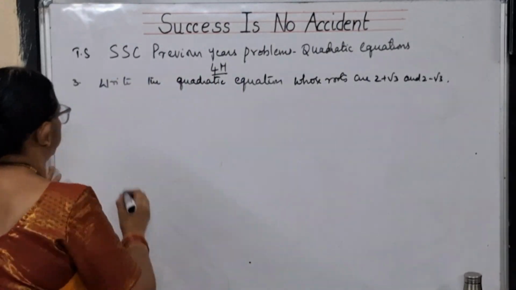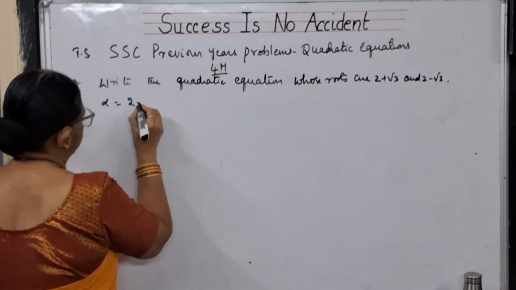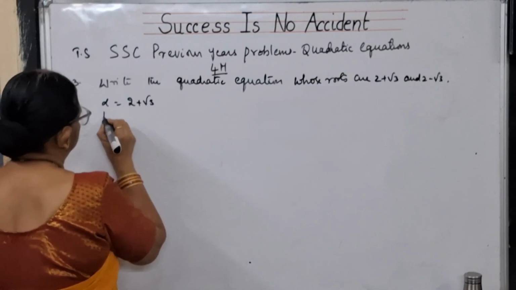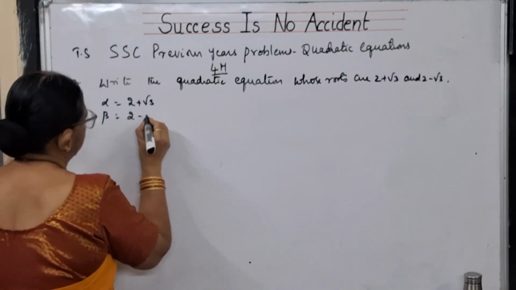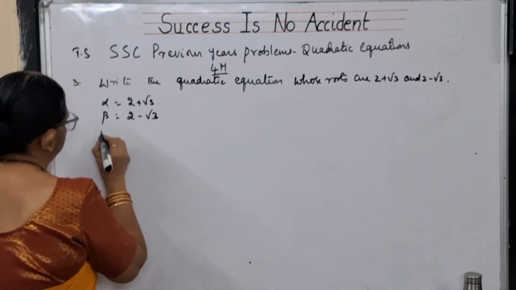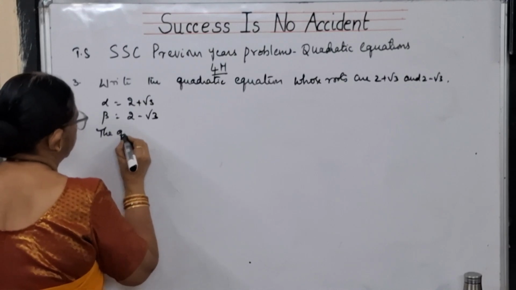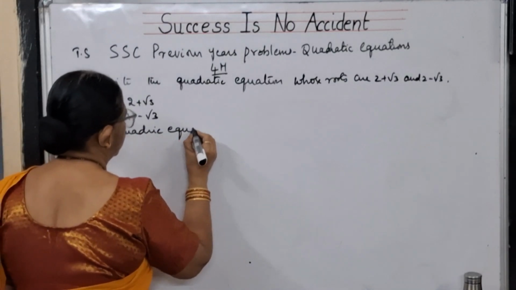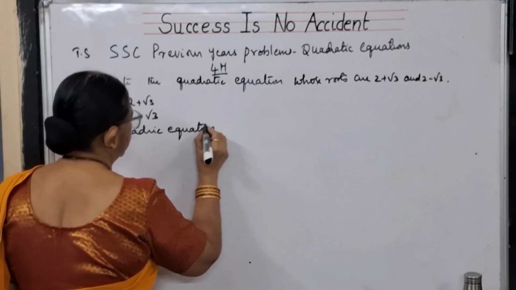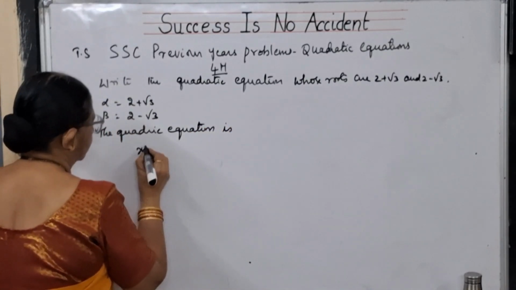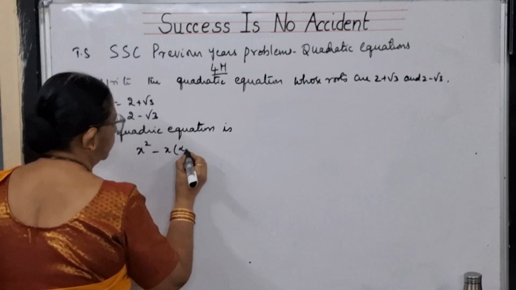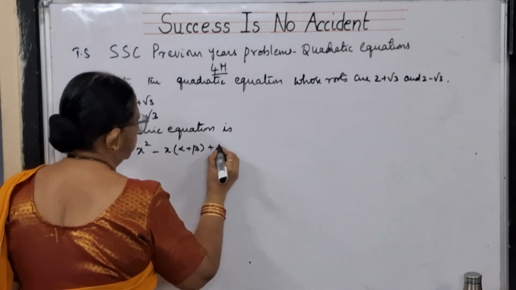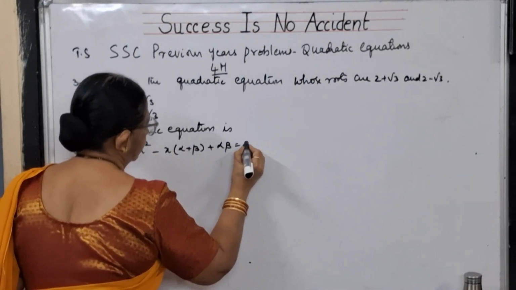Roots they have given, that means they have given alpha is equal to 2 plus root 3 and beta is equal to 2 minus root 3. So, what is the quadratic equation? The quadratic equation is x square minus x into alpha plus beta plus alpha beta is equal to 0.